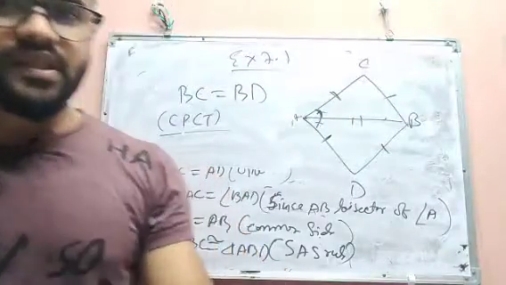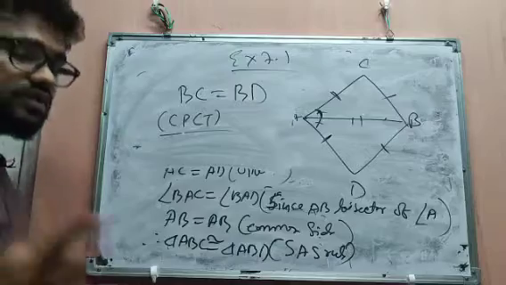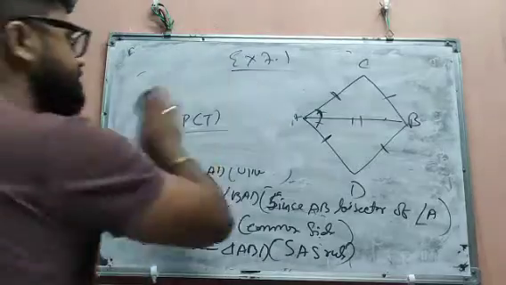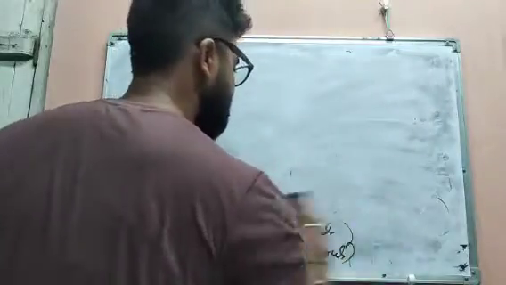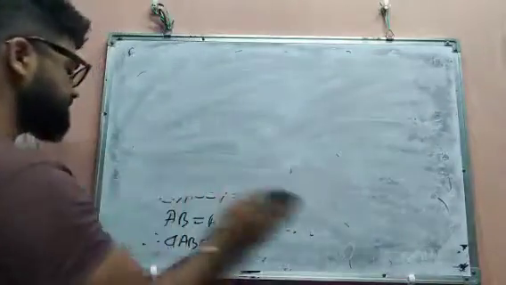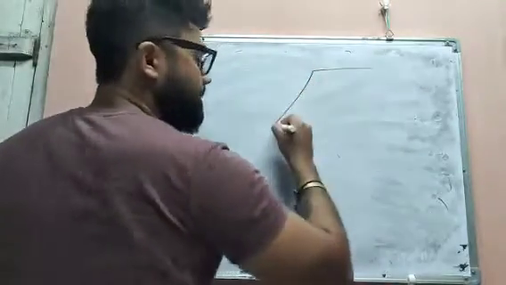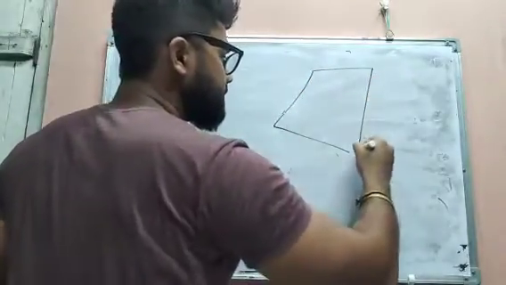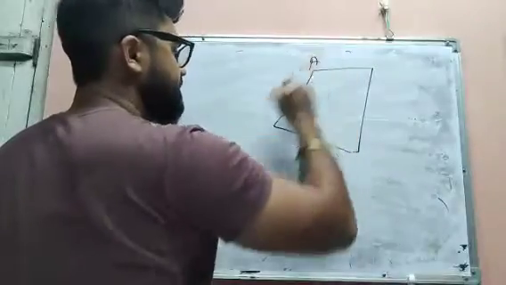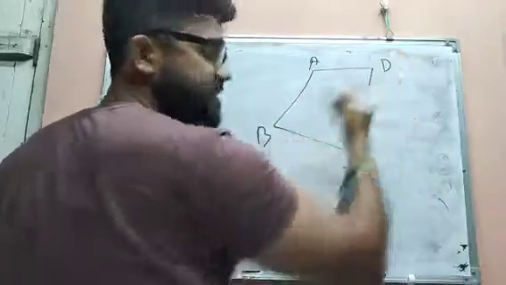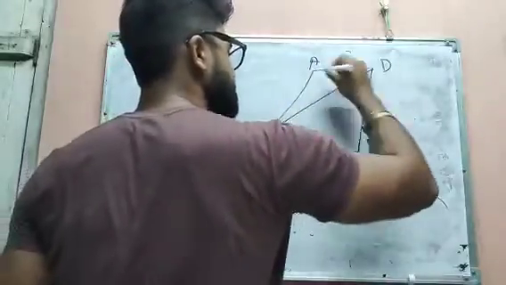Okay, so let's take another question. Question number 2. One more diagram is given here, also a quadrilateral ABCD, and these are the diagonals.